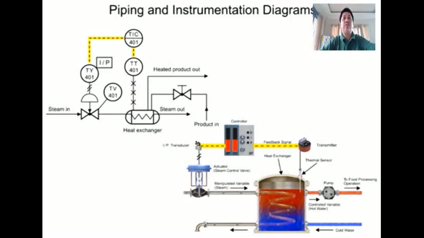So as you can see, your controller TIC401 and your transmitter. So from your thermal sensor, which is depicted here, the temperature is sensed, and your thermal sensor sends a feedback signal to your controller, and your controller also sends a signal to the IP transducer. Then it also sends a signal to your actuator.